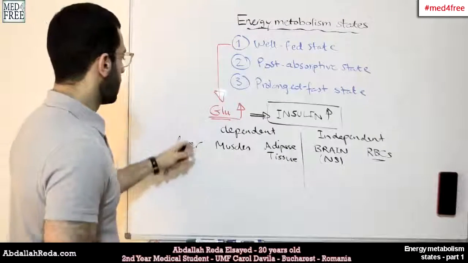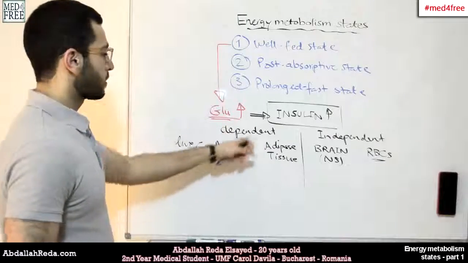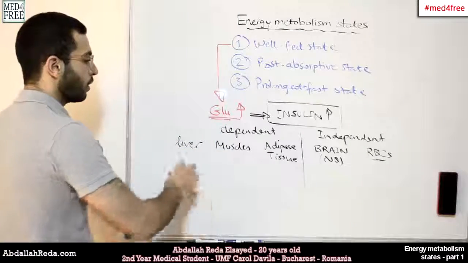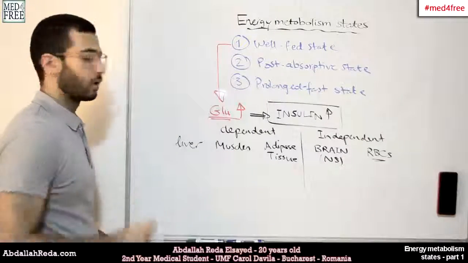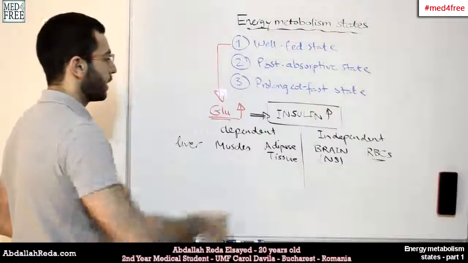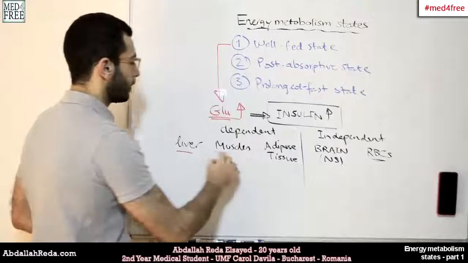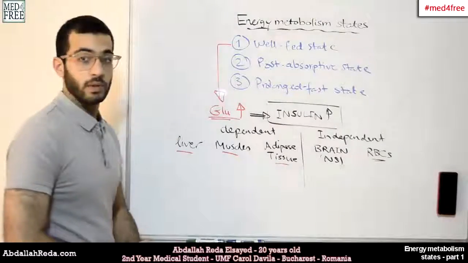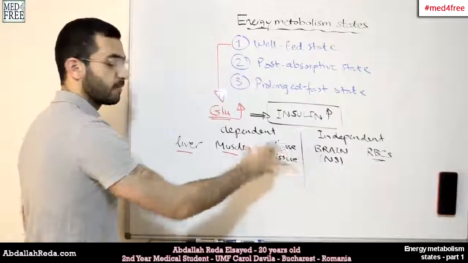So we'll see. For the liver, what does the insulin do? For the muscles and for the adipose tissue. For all of these structures, insulin would trigger the storage of glucose. So this high level of glucose would be maintained by getting all of this glucose and storing it in the liver, the muscles, and the adipose tissue. This is one thing. And then we have for each structure a specific effect.